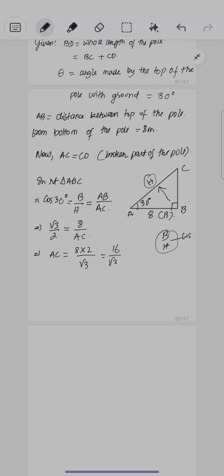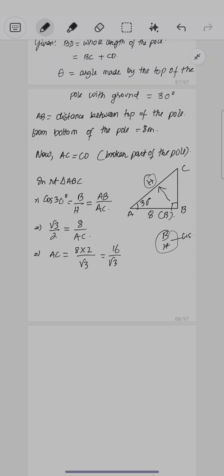So in right triangle ABC, cos of 30 is base by hypotenuse. What is the base in this case? AB. The hypotenuse should be AC. What is the value of cos 30? Root 3 by 2 equal to AB, which is 8, over AC. Solving, AC is 8 into 2 by root 3, which is 16 by root 3. This will be your AC.